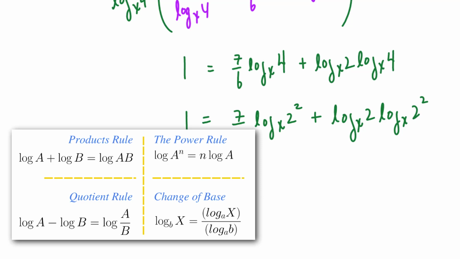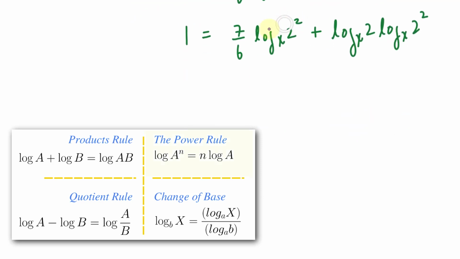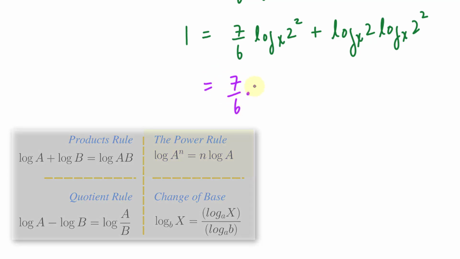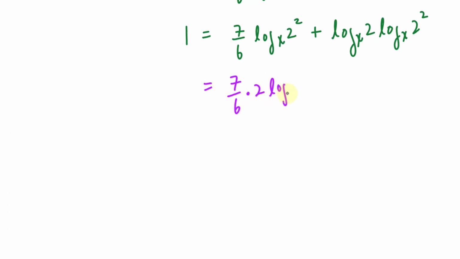Applying another logarithmic rule, where I can write this as a product of the exponent times the log, I end up with 7 over 6 times 2 times log base x of 2. And the 7 over 6 and the 2 multiply to give us 7 over 3. And now you'll notice some similarities in the components here.